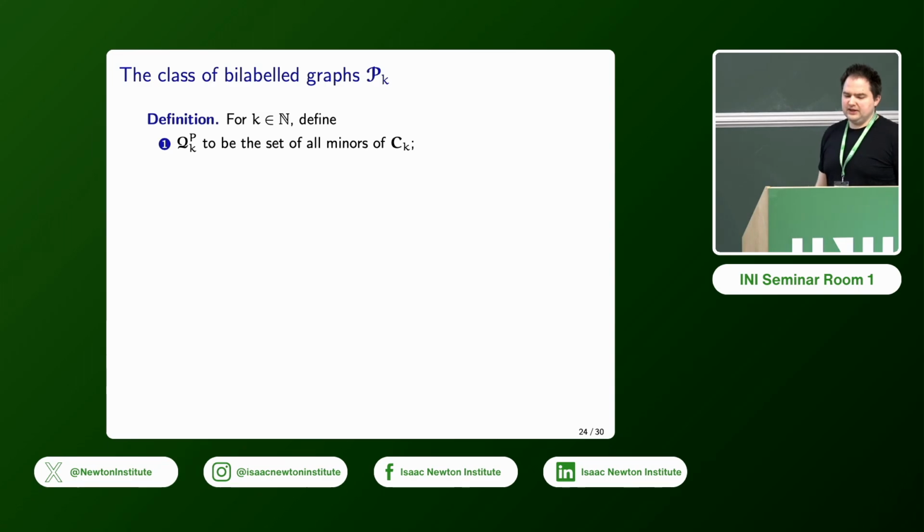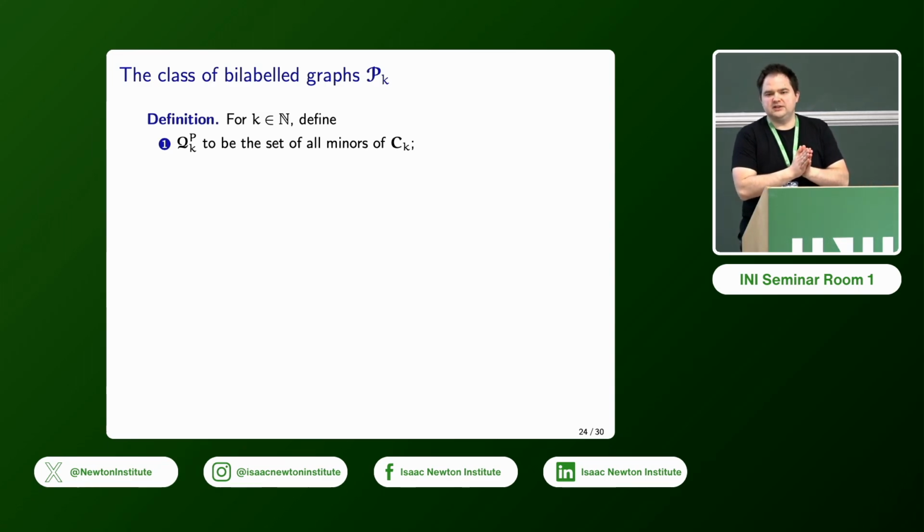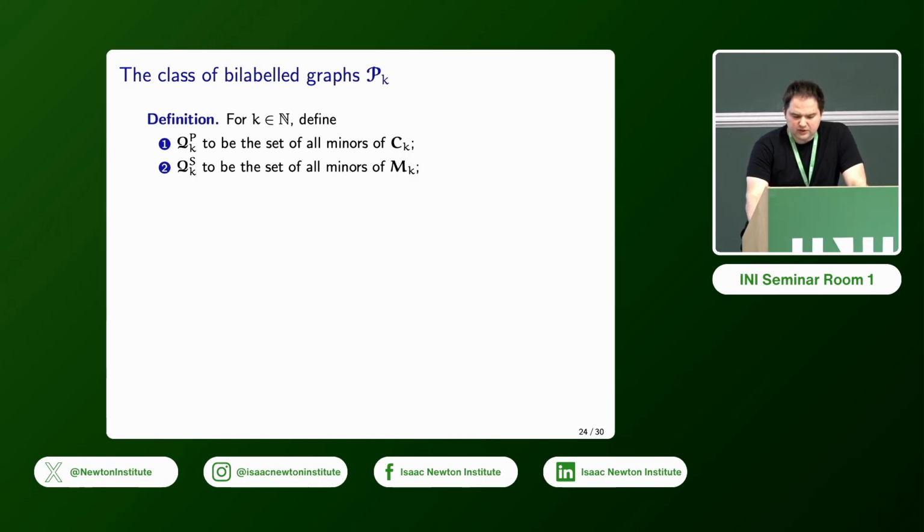So then we finally get to the definition of this class of graphs, P_k, that we are interested in. We already saw this graph: this was the cycle, and this was the matching on the previous slide. We define it as a union of several classes.